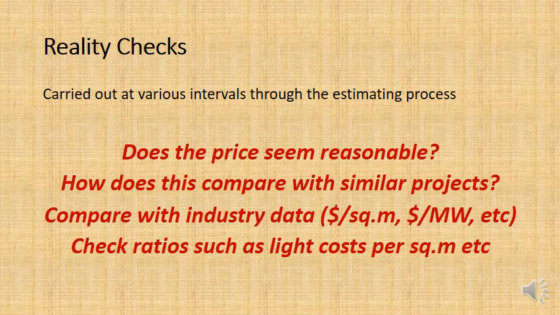And also lighting costs per square meter, as an example. Boy, we're building this villa and it just seems we're spending a lot of money on lighting for a villa this size. So just double check that, and edit and revise the estimate if something doesn't seem right.